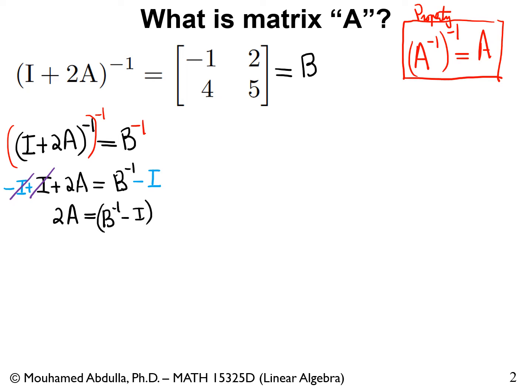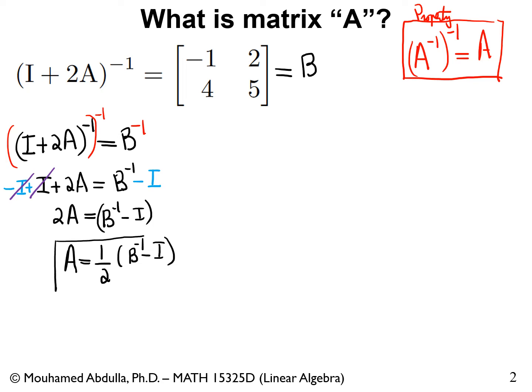And in order to isolate for the matrix A, we could divide by scalar 2, and then we'll get that A is equal to 1 over 2 times B inverse minus the identity.